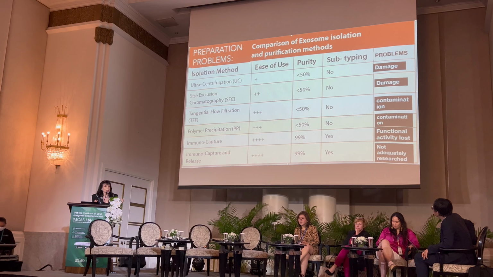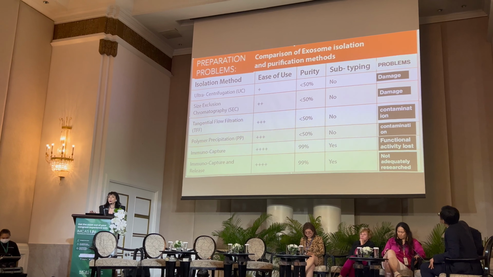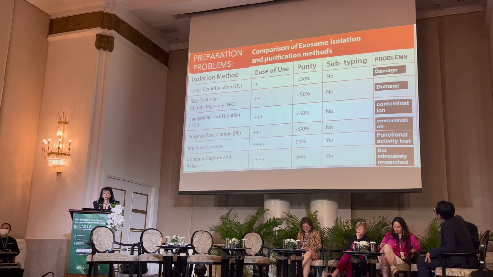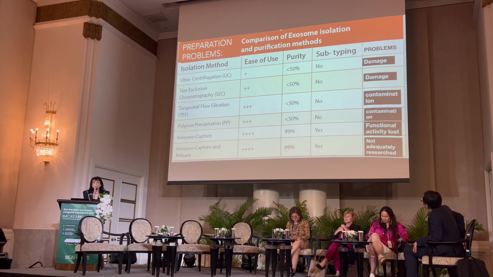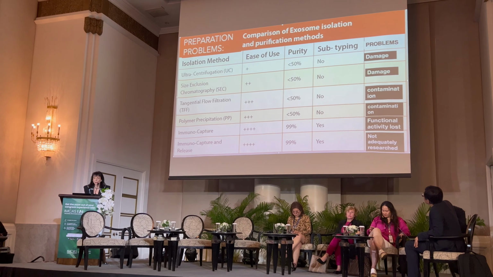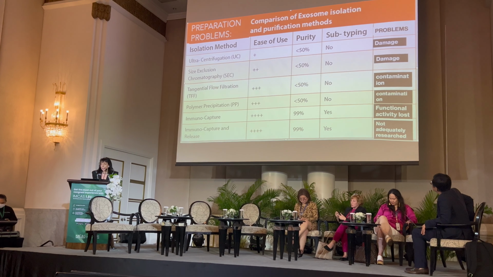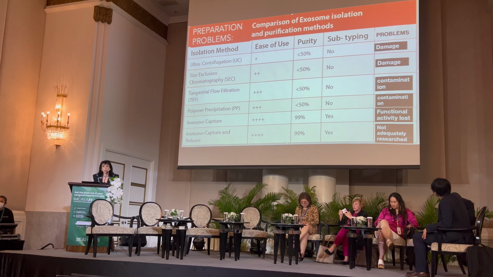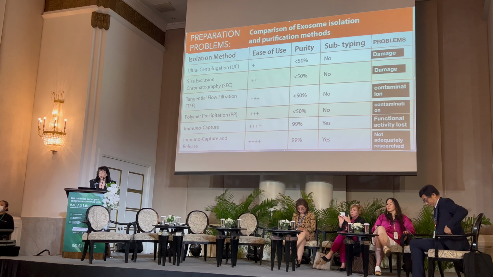There are a lot of difficulties, and this is where the problems come with exosomes, because of the different isolation methods, like centrifugation, the UC as we call it, and the AAC, and SCE. The problem is that they can be damaged during that process, and they can be contaminated during that process.